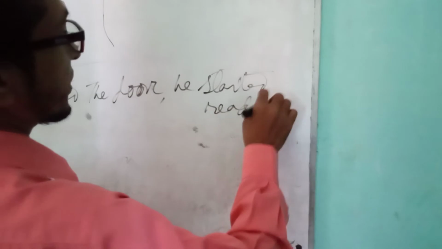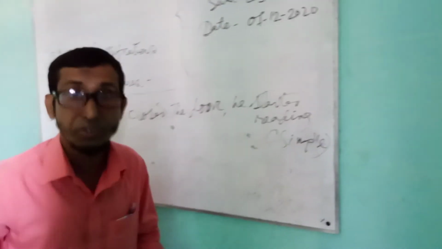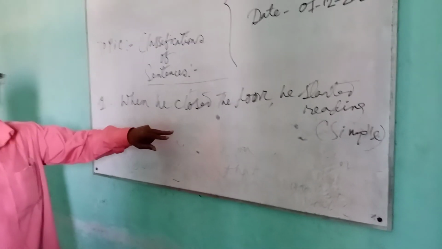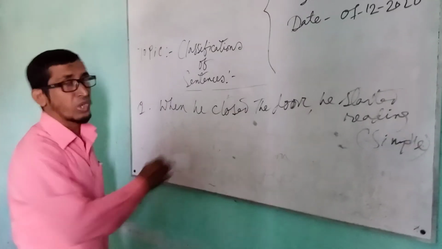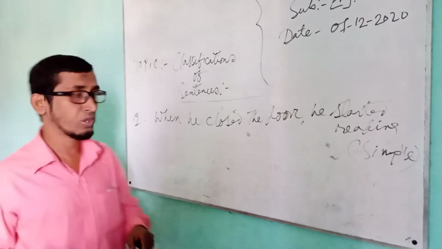Okay, so it is a complex sentence, and if you want to make it a simple sentence, then we have to start with a participle. Instead of when plus subject, we have to start with the present participle. Closed is the past form. We have to write it in present form, then use verb plus ing with the main verb.